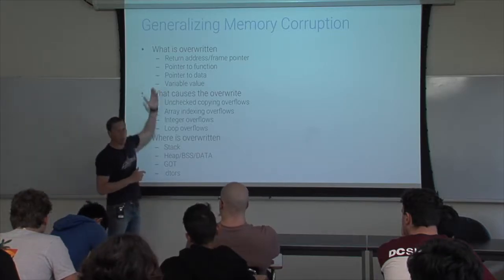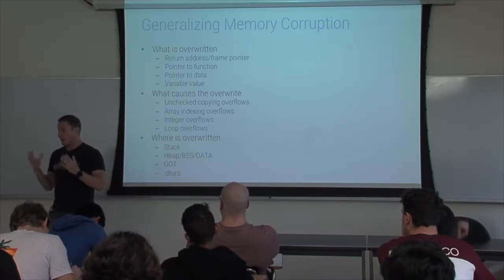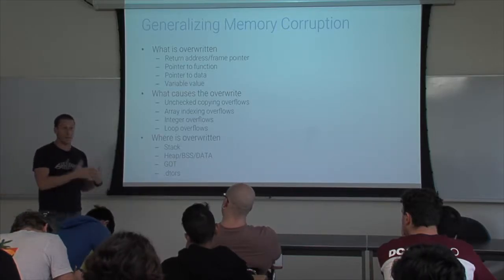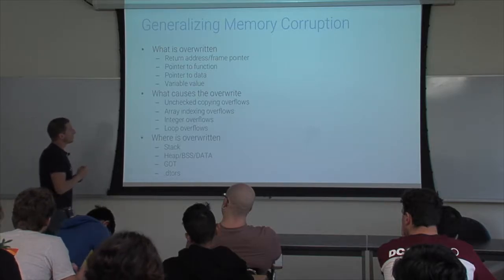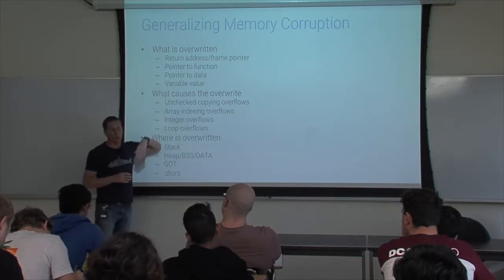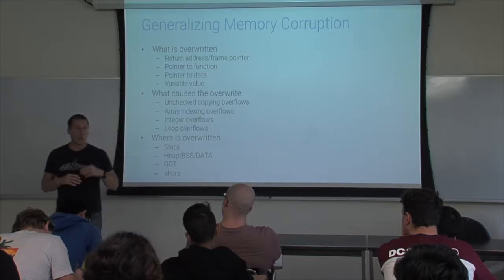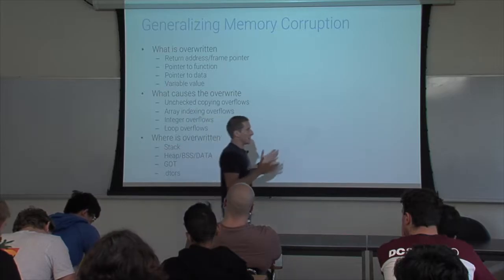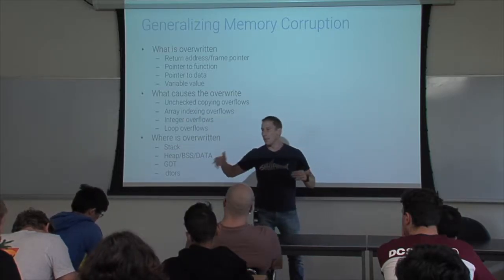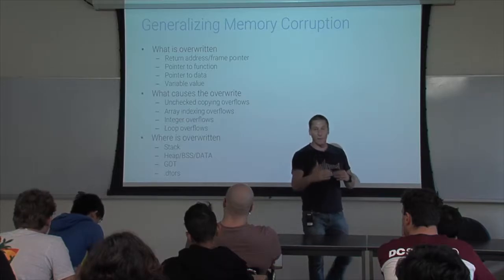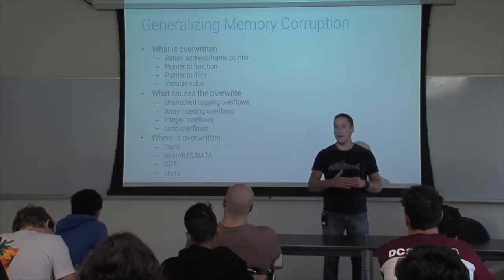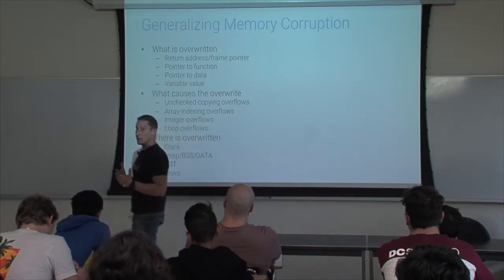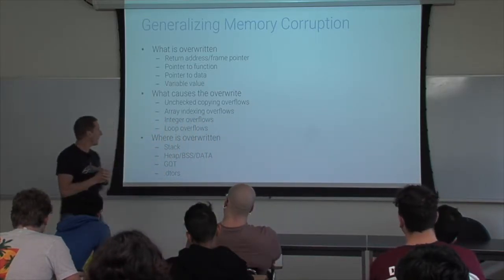Also, you can override a pointer to a function. If you have in a data structure a pointer to a function that does specific things, you can make that function jump to whatever you want. Also, the pointer to data: a variable that specifies, say, home, Vigna, mail. You decide to overflow that variable with a different value that will make that program open /etc/shadow or some other security critical file.